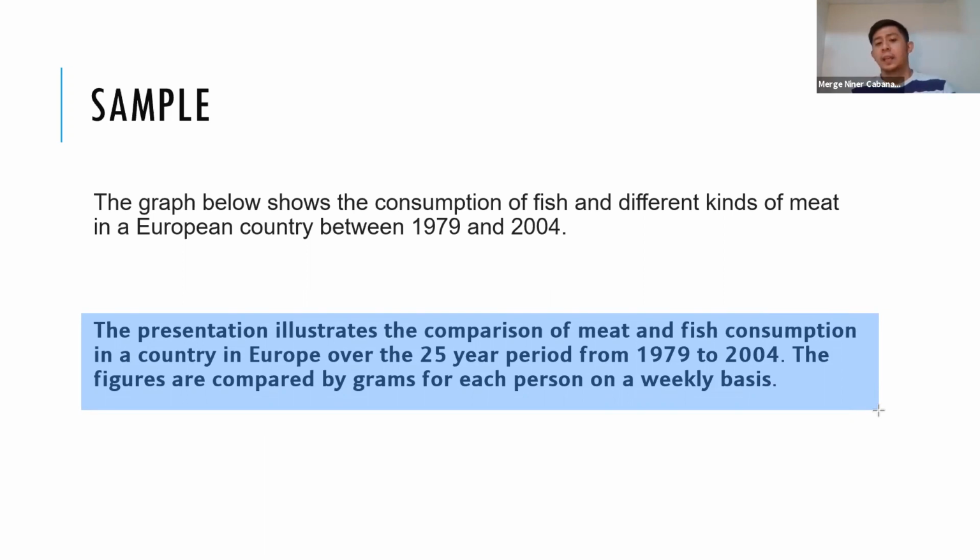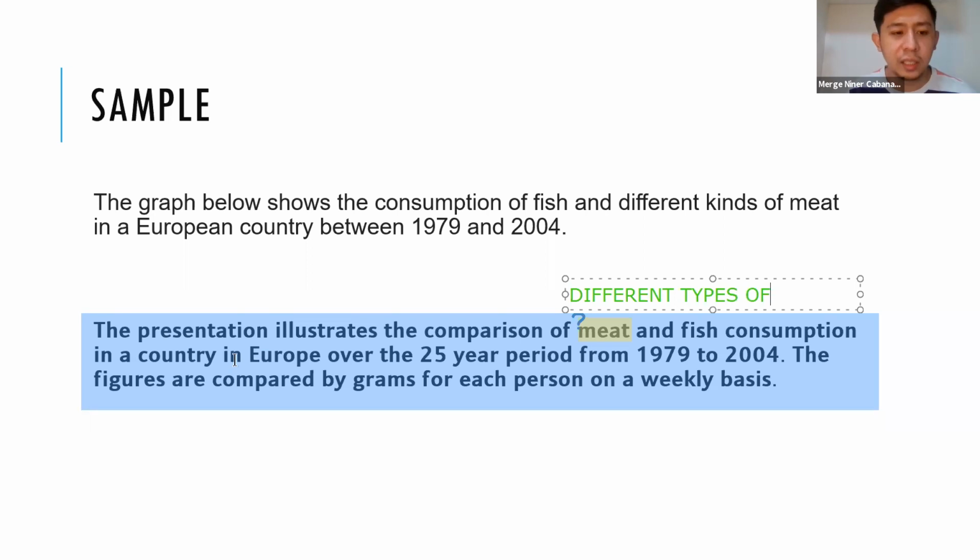Okay. Now, meat, this is something that I would like to add. Meat is considered both singular and plural. So for this to become plural, I will add another word. Since various has already been used, I will use different types of meat and fish consumption in a country in Europe, okay?